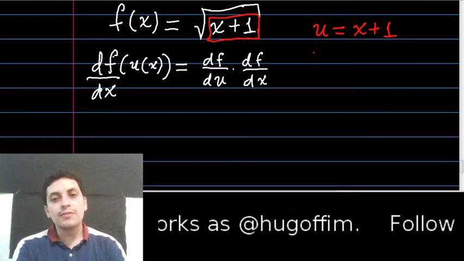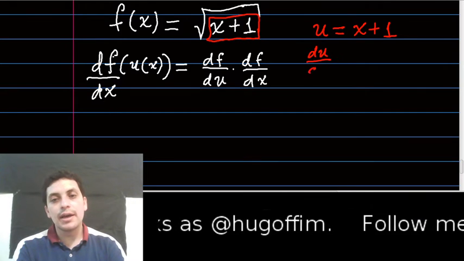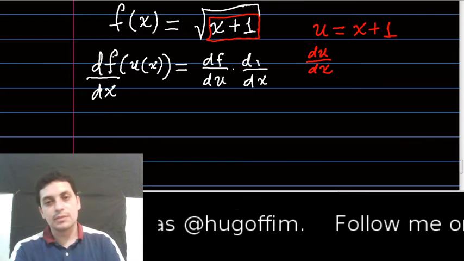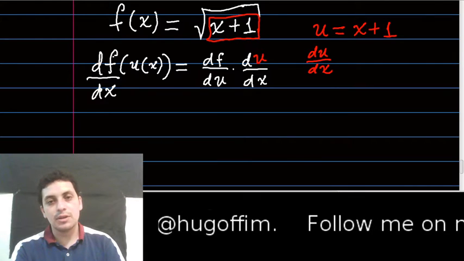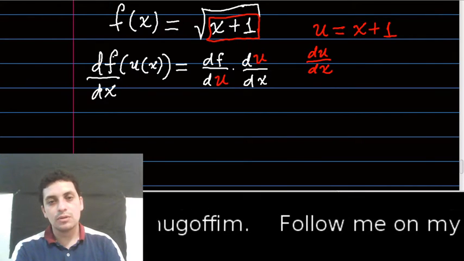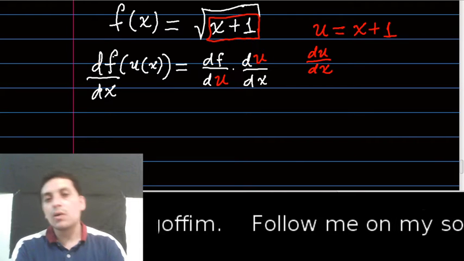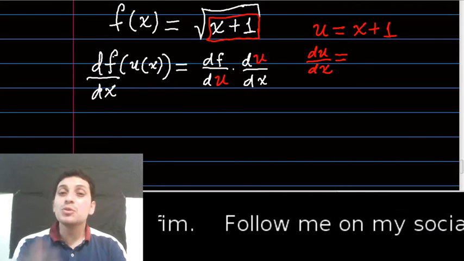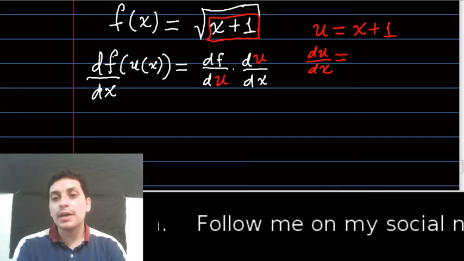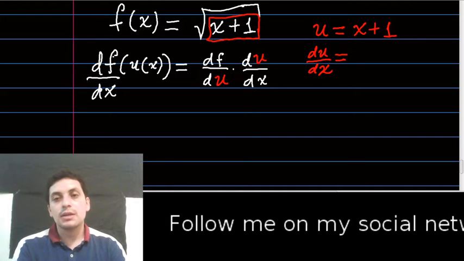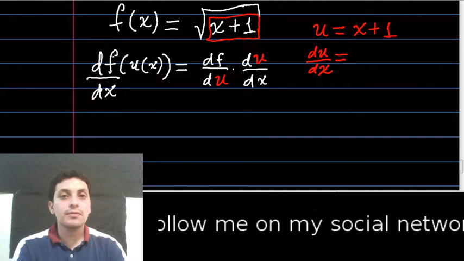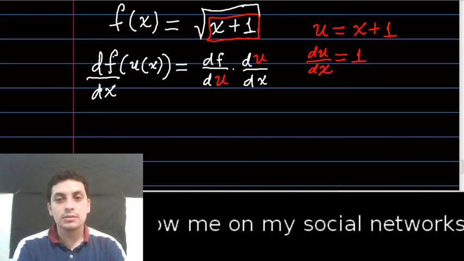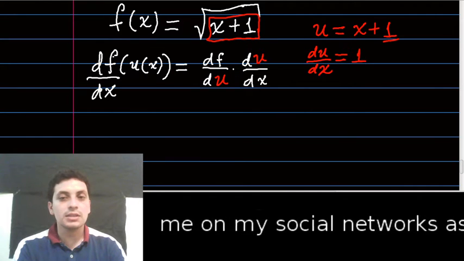Now, we're going to differentiate du/dx. I made a mistake here. It's df/du times du/dx. Okay? So I'm going to differentiate du/dx. The derivative of x is 1 and the derivative of a constant is 0, so I got 1.